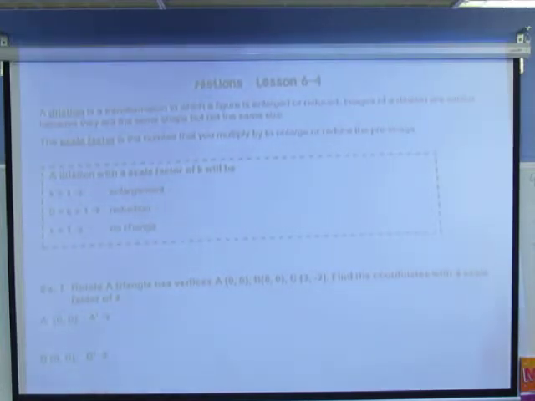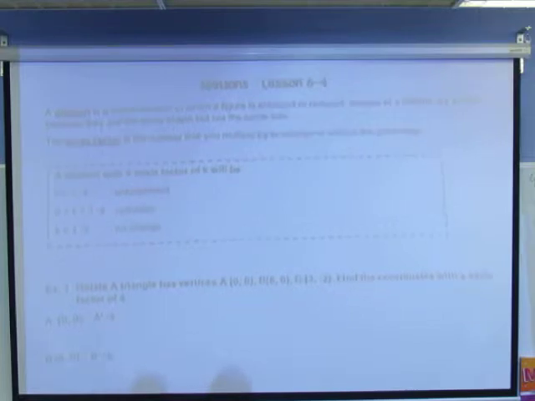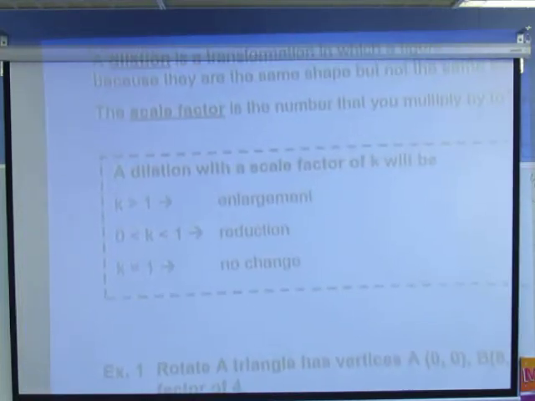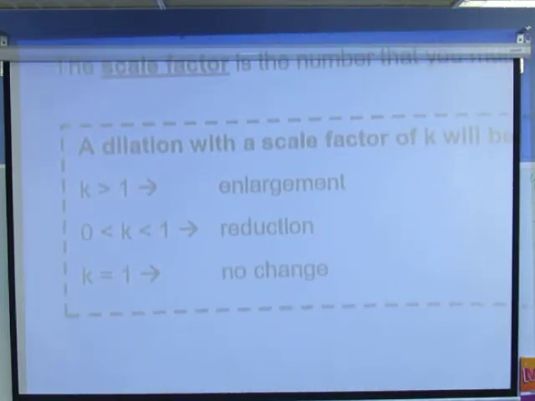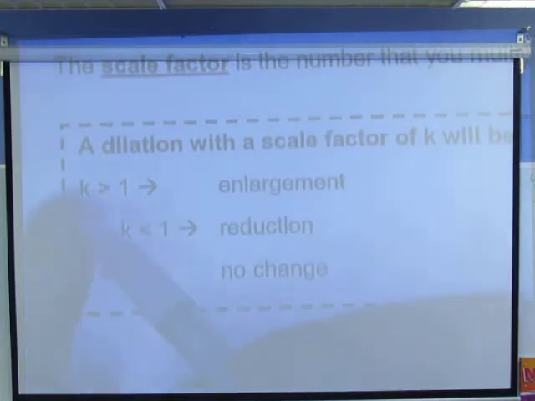So there are three things that you need to look at when you're dilating, and the first is the scale factor. We use the letter K for scale factor. I'm not really sure why they've chosen K, but K is the letter they've chosen. If you dilate with a scale factor that is greater than 1, it's going to be an enlargement because you're multiplying. If you multiply by a number that's bigger than 1, doesn't it get bigger?